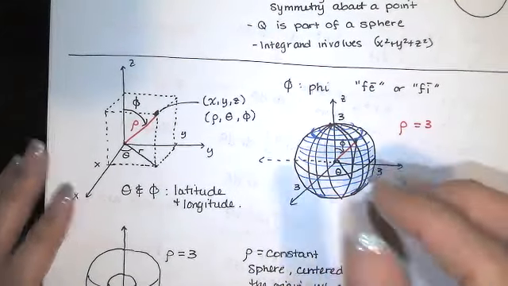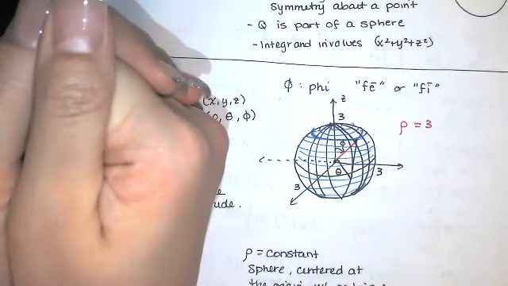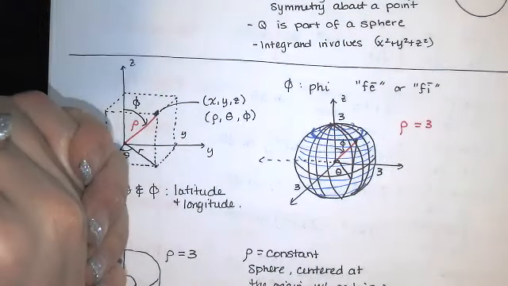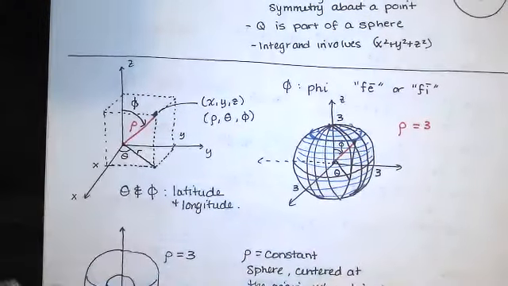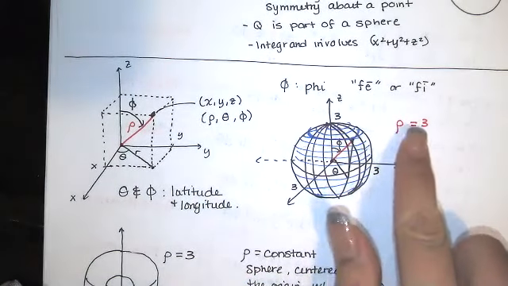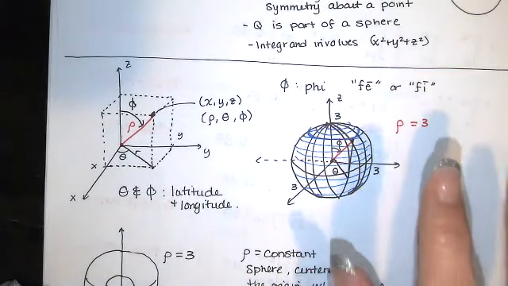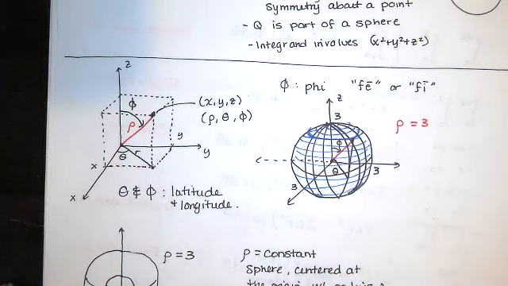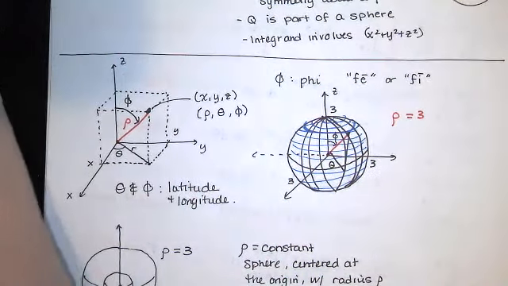But rho equals 3, that's telling us we start at 0, 0, 0, and we go out 3 units. If rho is equal to 2, we start at 0, 0, 0, and go out 2 units. Now that's a surface. It's not the solid sphere, it's the surface. To get the solid sphere, rho would have to take on a range of values, and we'll look at that in the next video.